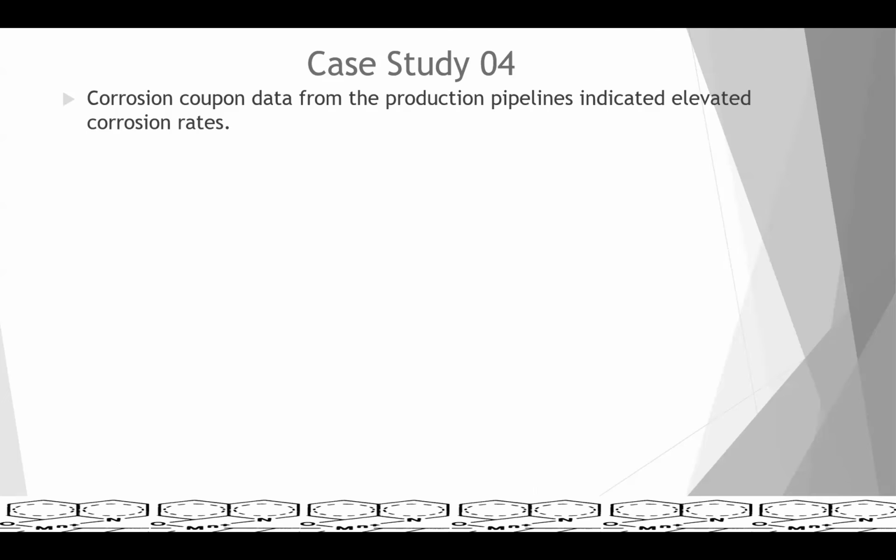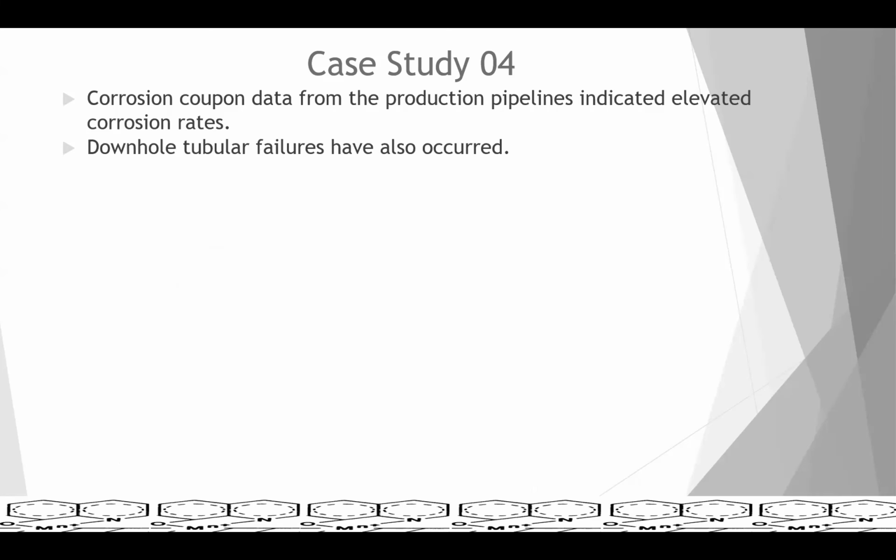Okay. Moving on to case study number 4. In this case, this is a downhole tubular production. Again, coupon corrosion data from production pipelines indicated elevated corrosion rates.